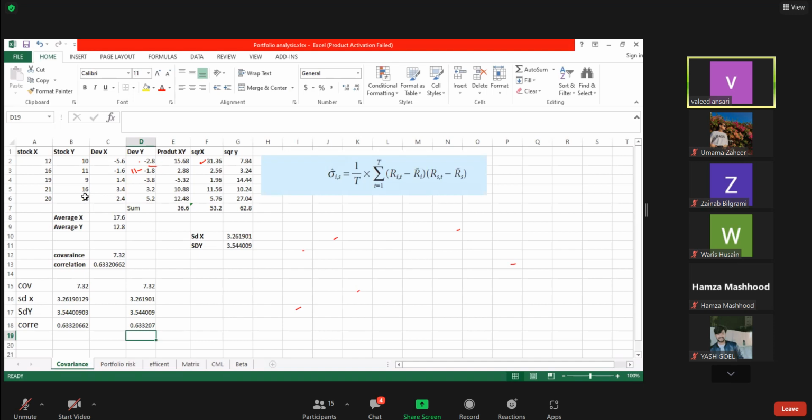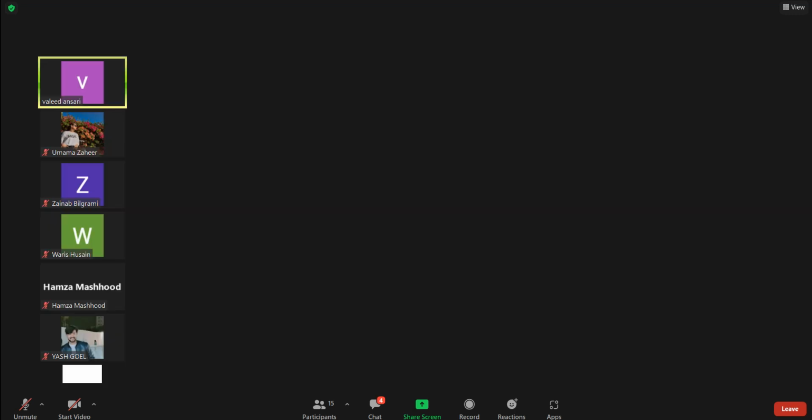How can we calculate the return of a portfolio when two or more securities are combined, and how can we calculate the risk of such a portfolio? This is based on the Markowitz portfolio mean variance theory. If you have any difficulty, you can ask before I move to the other part. So I will stop this here and come back to this again.